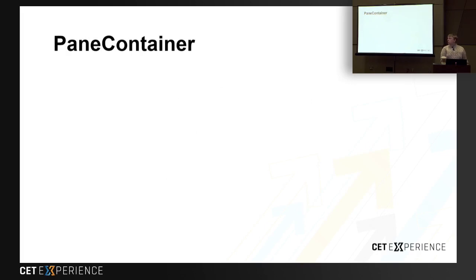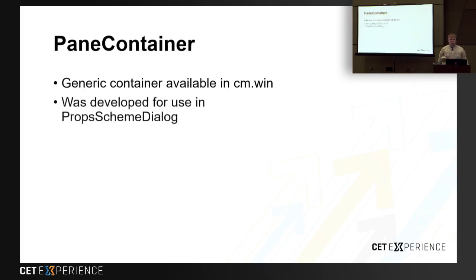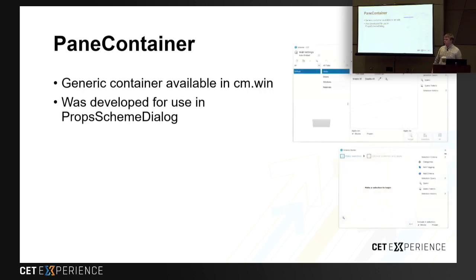All right, so starting off with Pane Container. This is a generic container available in the CMWin package. It was developed for use with the prop scheme dialog originally. So if you've seen that dialog and you've seen how it has the distinct sections in it, let me see if I can point that out.